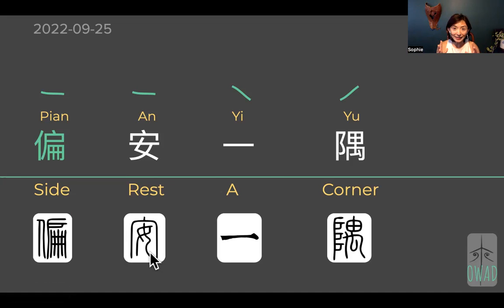So we have a woman in this living space. It's a household. So that's the ideal of when you can rest, like your home. This basically is what makes up home. And that's the ideal, right? So rest or peace in the Chinese concept is made up of a woman in a household.